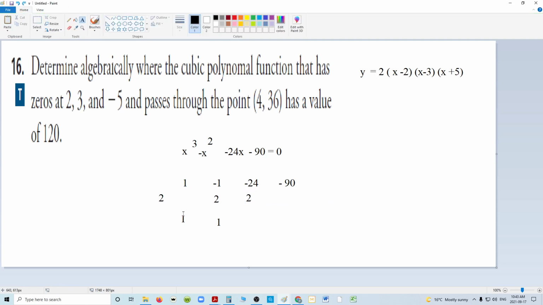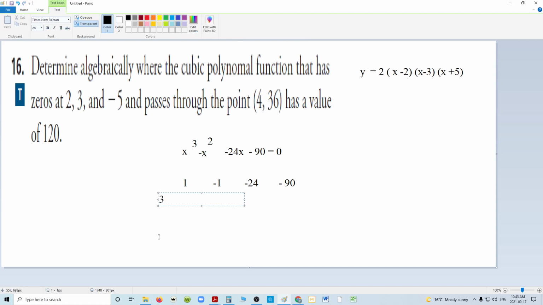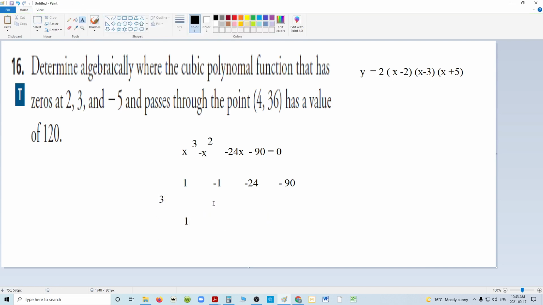Nope. Let's go right to 3. Close. Let's go to 4.